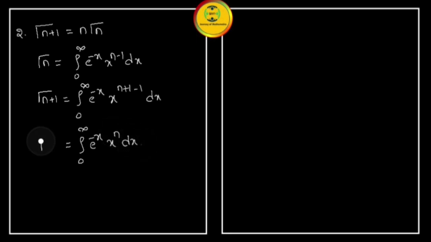So we got gamma of n plus 1 as integral of e power minus x into x power n dx. Now I do integration by parts.